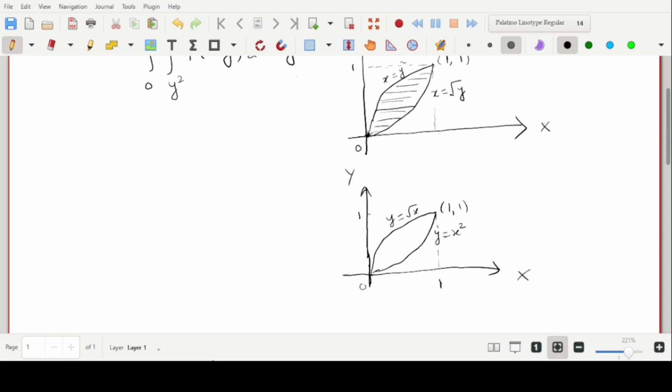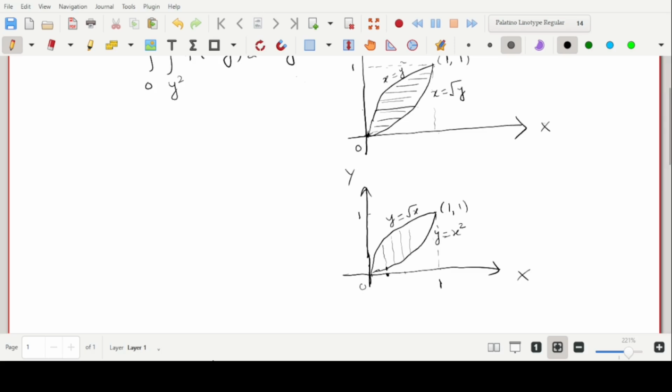Okay, so now here for every y we varied x from y square to square root of y. Now here for every x, we shall vary x from 0 to 1, and for every x between 0 and 1, y varies from this point to this point, because we want to cover this region.